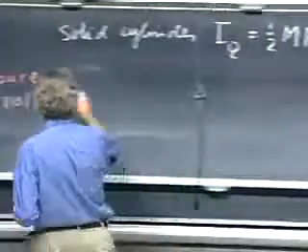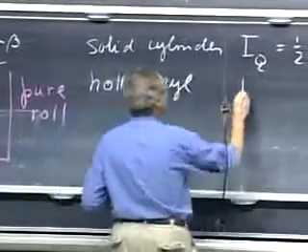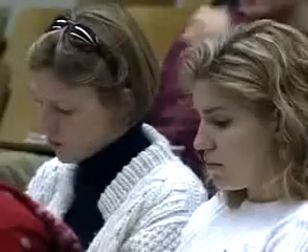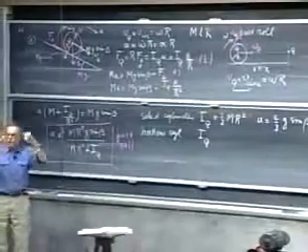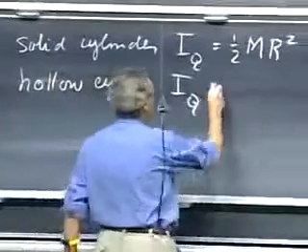That's what matters. So if we take a hollow cylinder, then the moment of inertia about this axis through the center of mass, through Q, if really most of the mass is at the surface, is very close to mR squared.